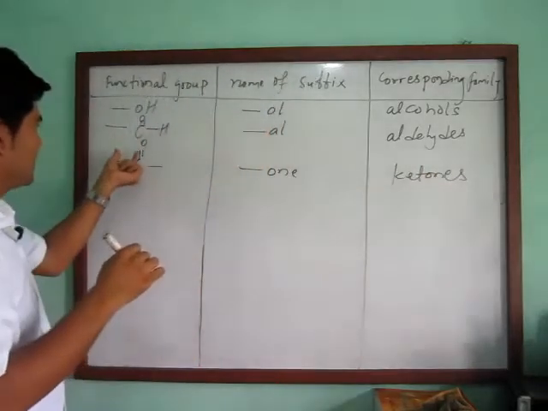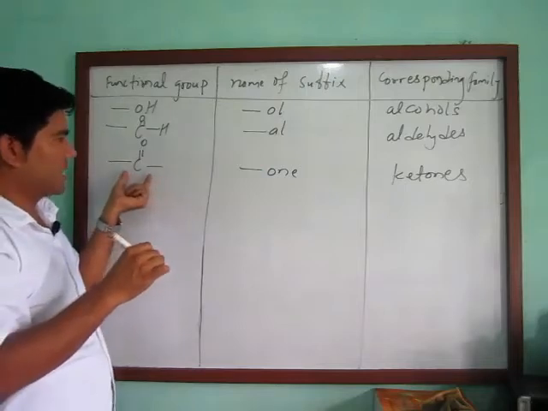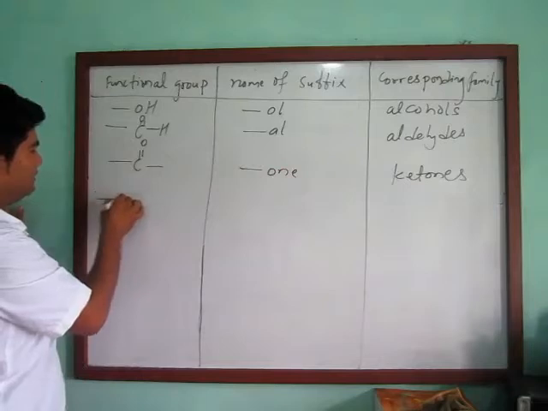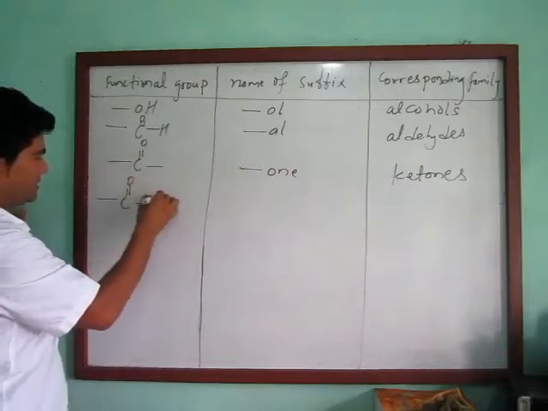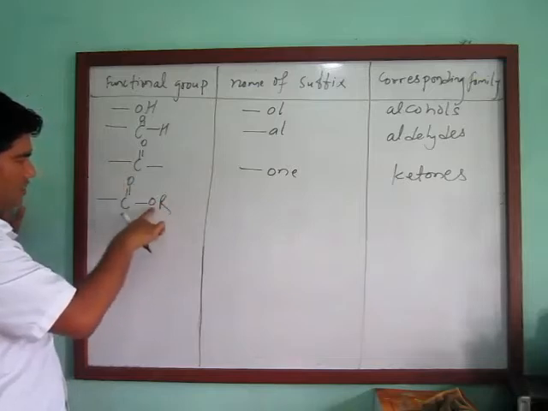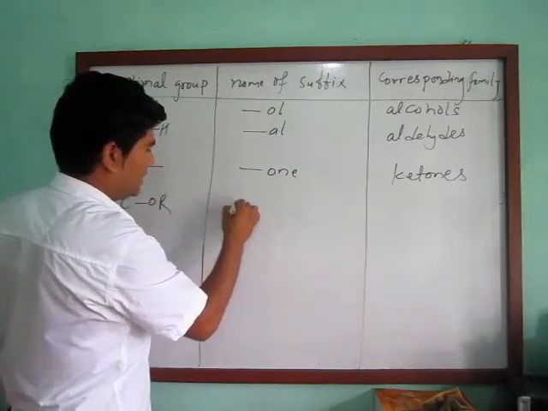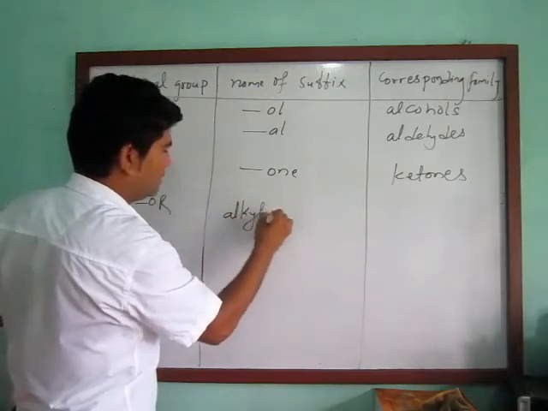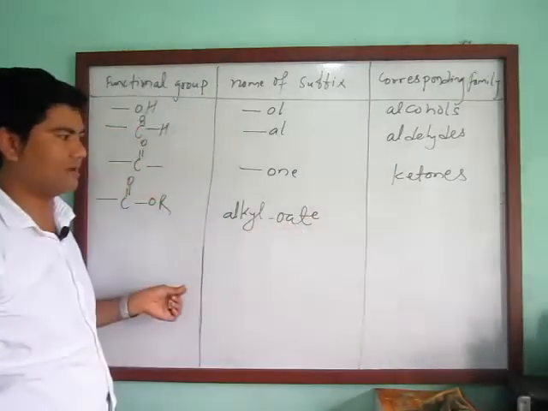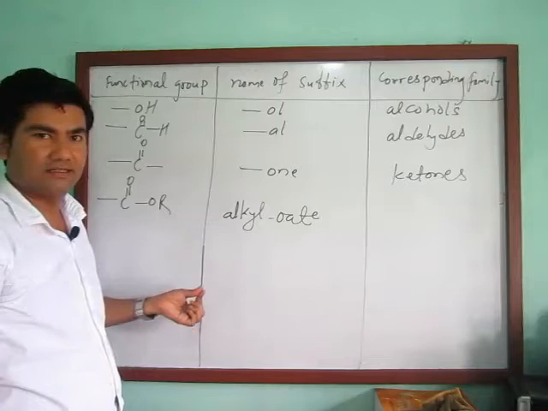So this carbonyl carbon-containing organic compound comes under the ketones. Similarly, if there is this type of functional group, with an alkyl group and oxygen, and here is the carbonyl carbon, then you should use alkyl -oate: alkyl alkanoate, methyl methanoate, ethyl ethanoate, and so on.